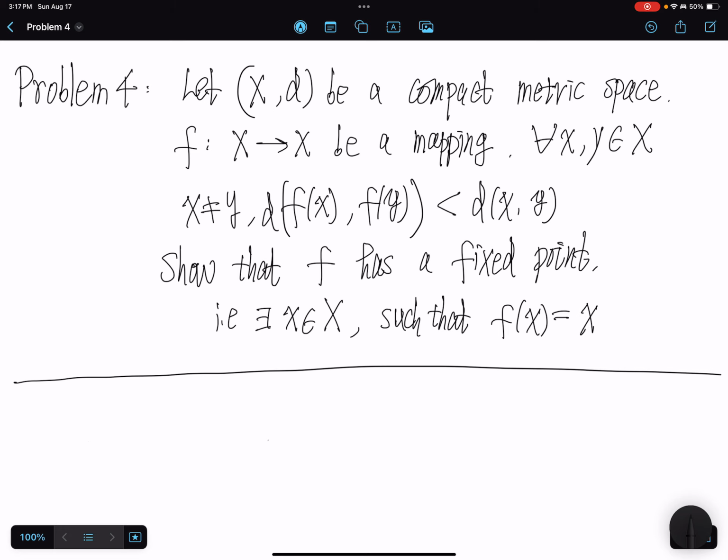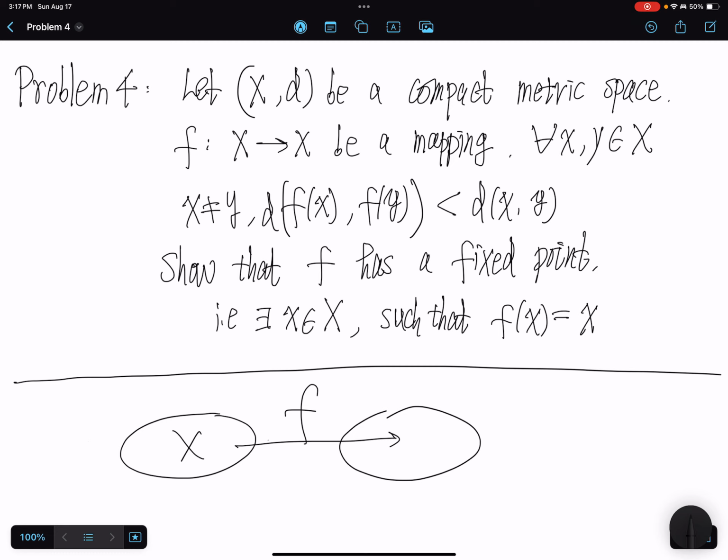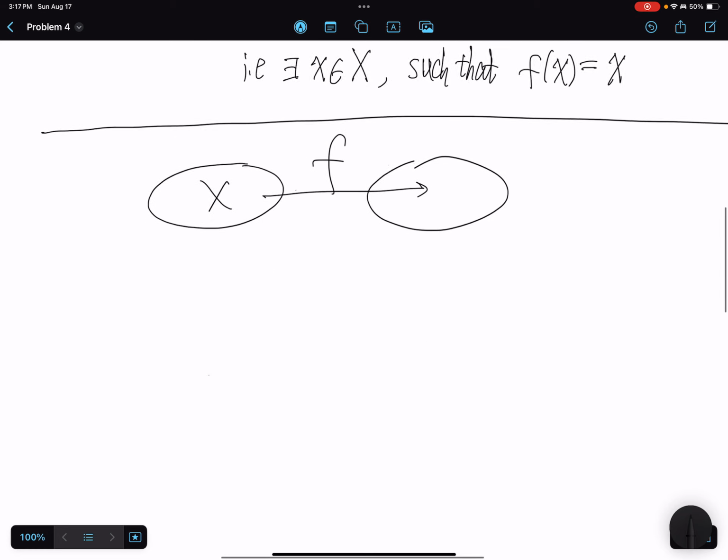Okay, let's see. We have a compact metric space X, and a mapping f from X to itself. We're looking for a fixed point, and if we had such a point, that means f of x and x are the same point. So this leads us to define a function like this.